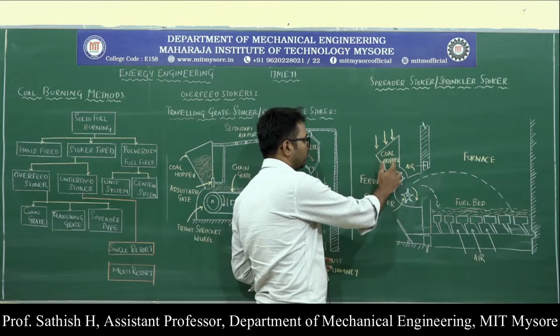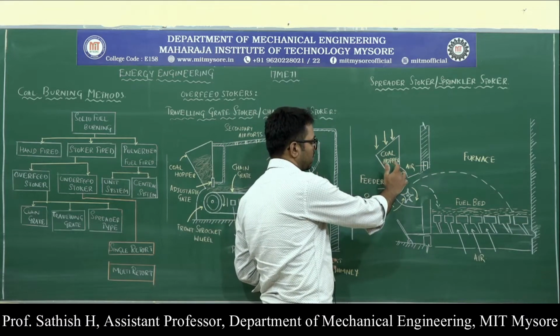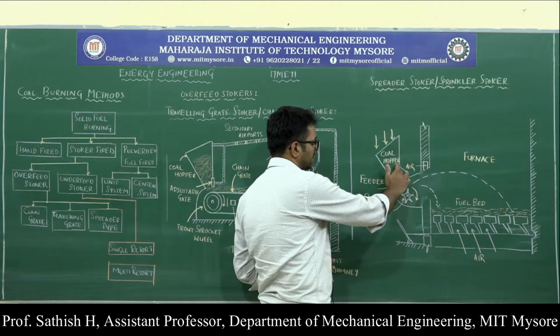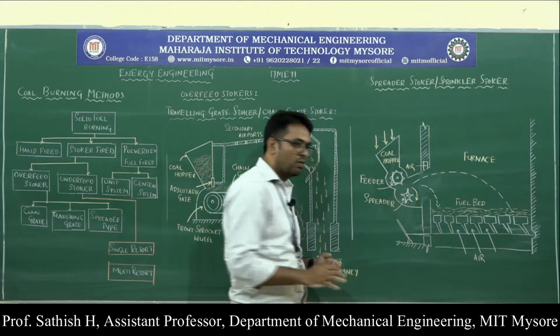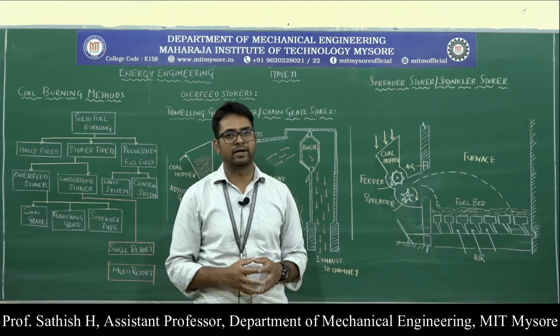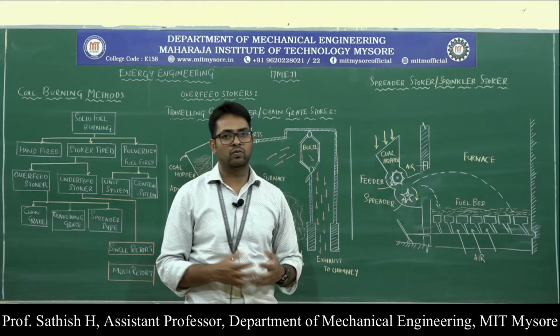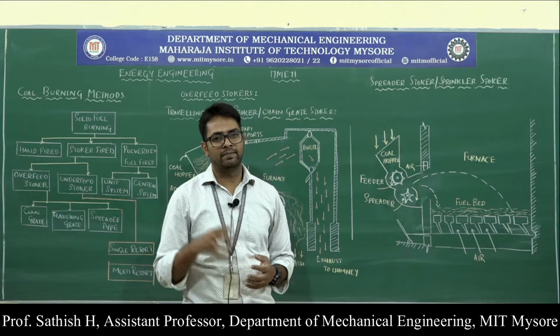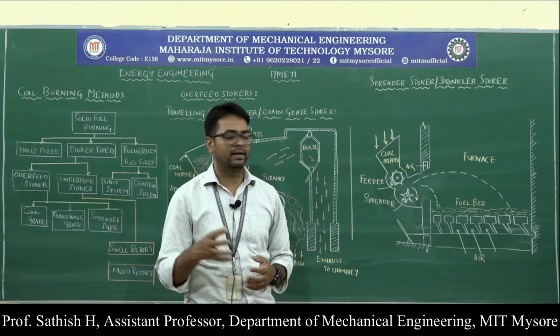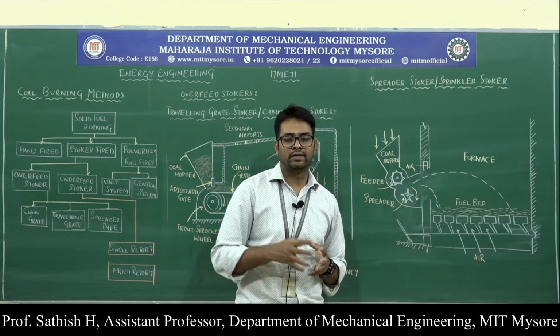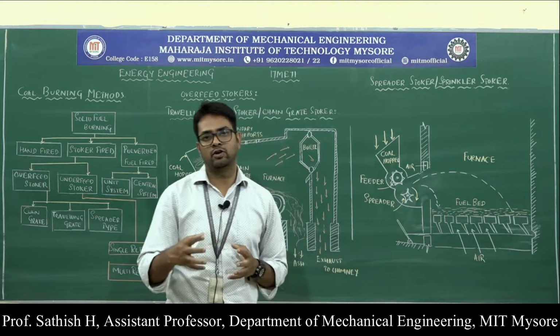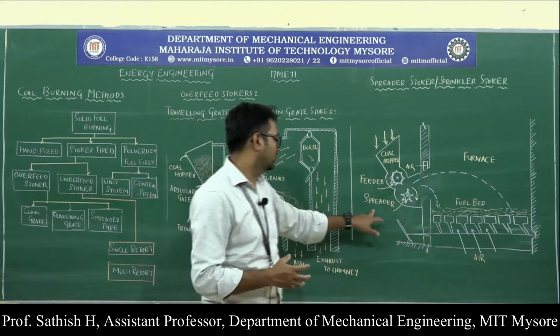Whatever coal comes from this hopper falls on this feeder, and then the coal is supplied onto the spreader. What is the function of the feeder? The main function of the feeder is that it feeds the coal, that is the fuel, continuously to the spreader.